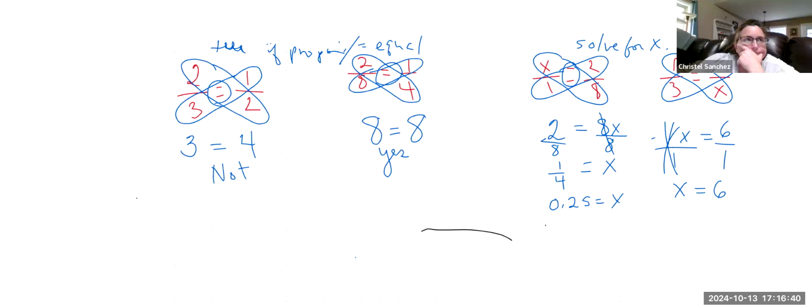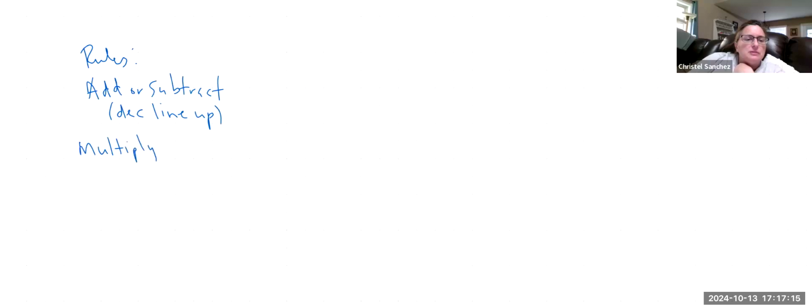let's do decimals. All right, so our rules for decimals, okay? When we add or subtract, the decimals have to line up, okay? All right, with multiplication, you're going to count the decimal places at the end.